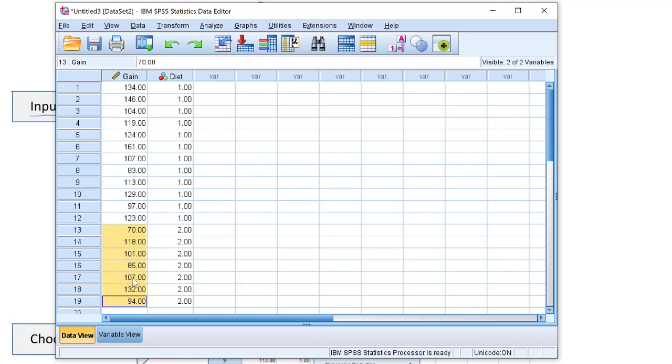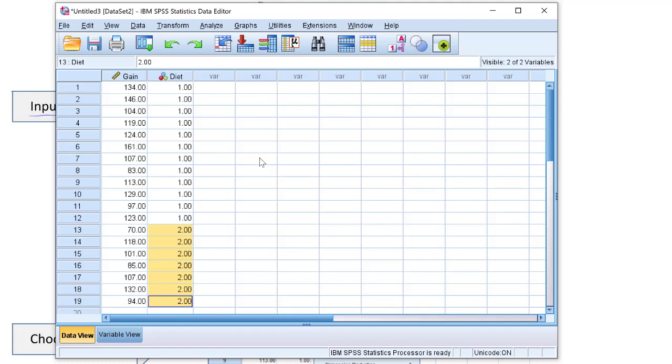So all of our data is listed in that one column, and then we distinguish which group is which. So diet 1 corresponds to all the gains from the high protein, and diet 2 corresponds to the gains from the low protein diet. So that's the way we have to structure it here for our independent two-sample test.